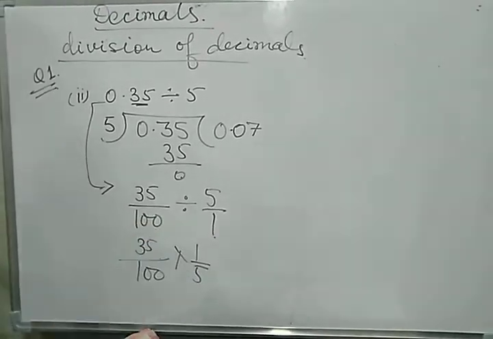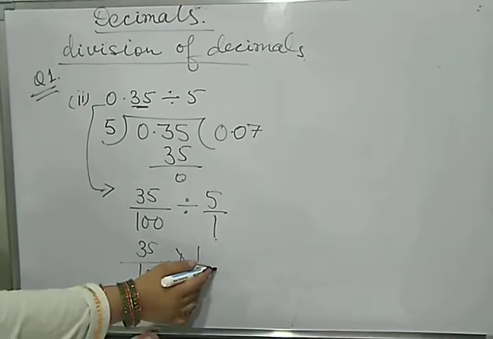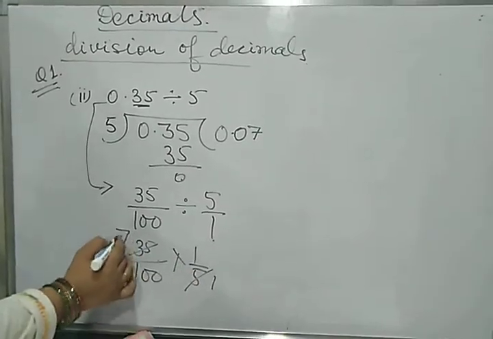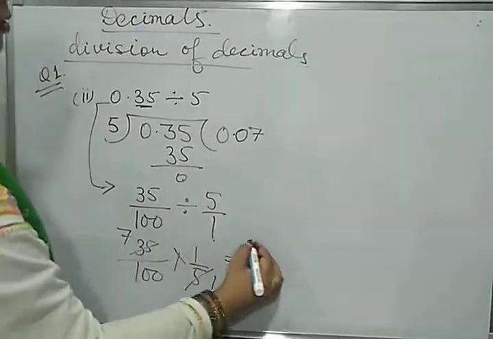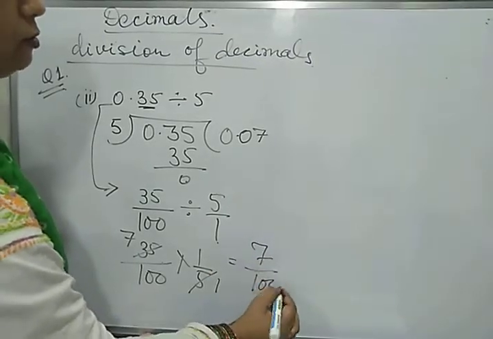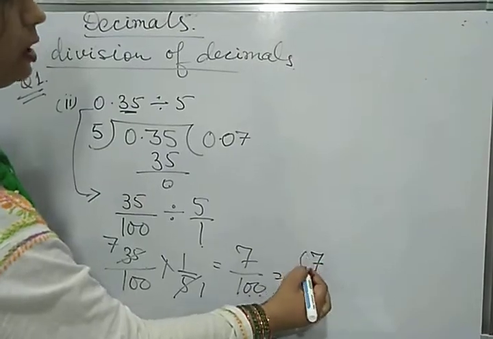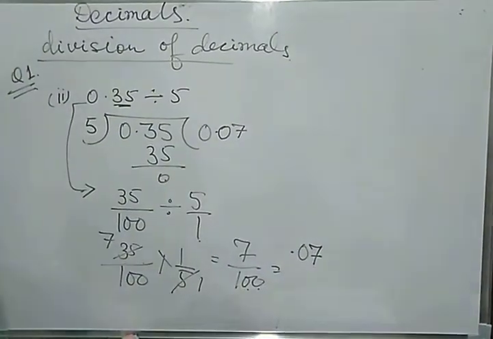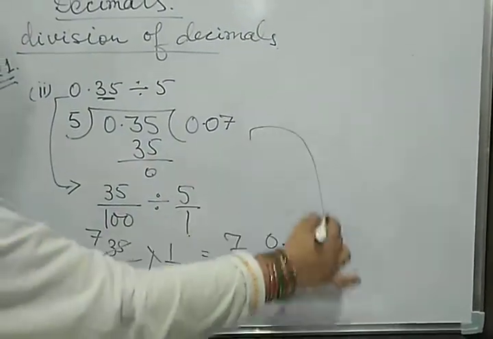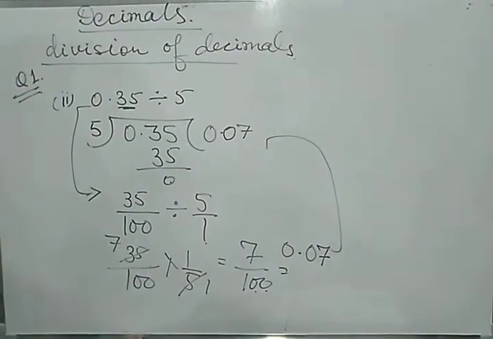We will write the reciprocal of 5 upon 1, that is 1 upon 5. Now we may cut it. 5 7s are 35, 7 upon 100. Now there are 2 zeros in the denominator, so before 2 digits in the numerator we have to put the decimal. So again the answer is the same, you can do by any method.